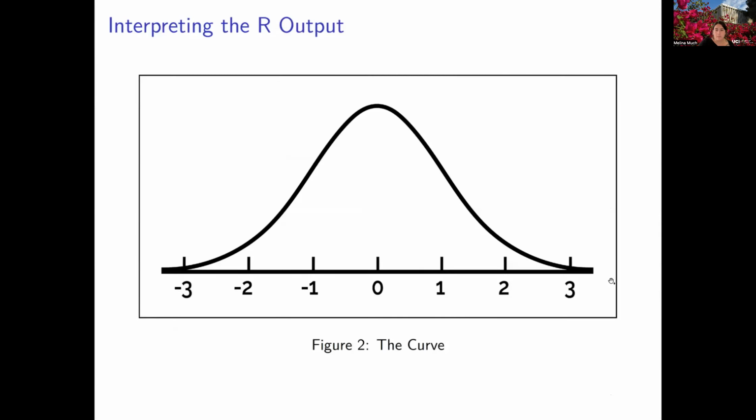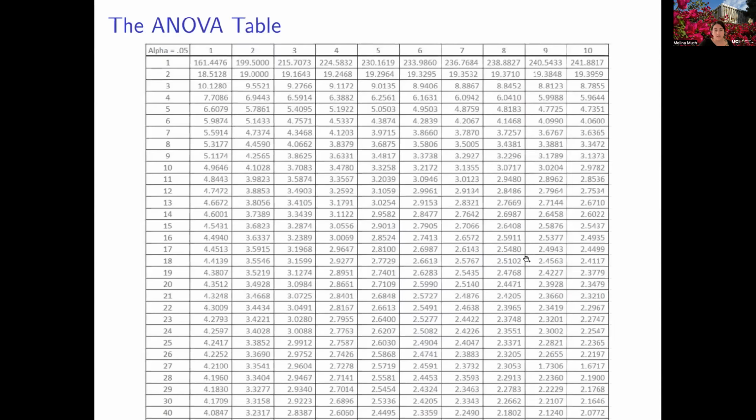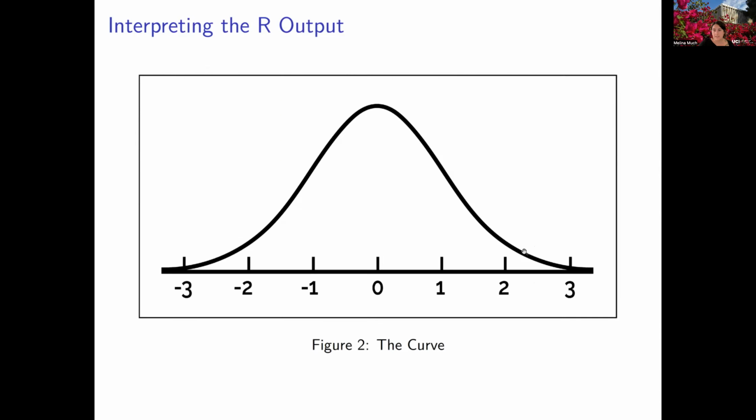So again, remember we have a normal curve that we're going to compare our test statistic to. As a reminder, our test statistic is going to fall over here to the right, a little bit above 2. And so we also know that our critical value is 2.83. Our test statistic is 19.